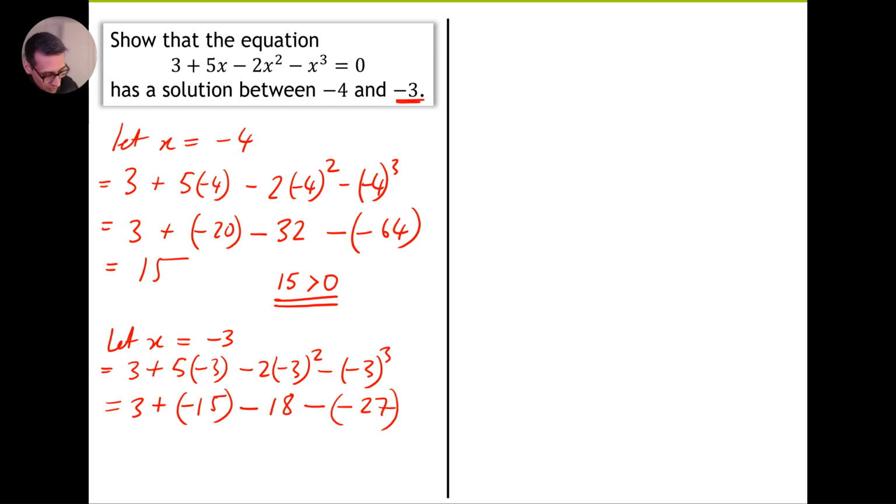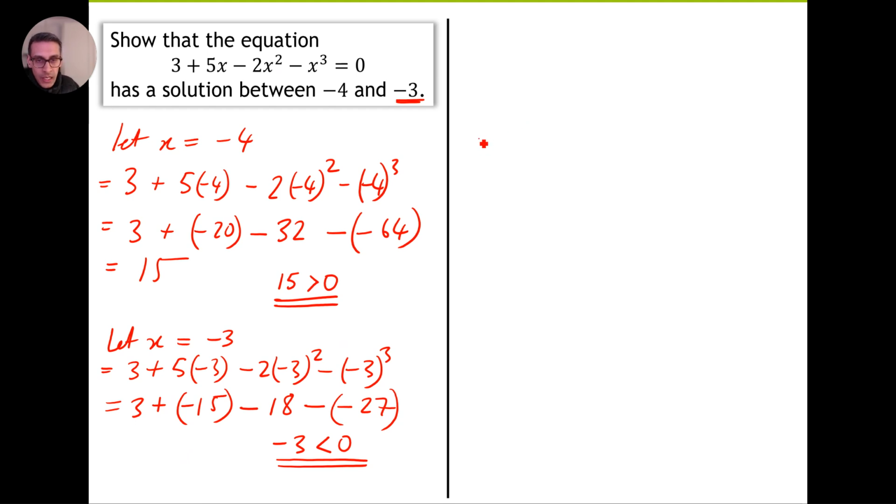So let's put that in a calculator. 3, take away 15, take away 18, plus 27. And what you get here is -3. So -3 is less than 0. Now we need to put our actual final answer here, to show that there's a solution. Now we've done the working out, but the statement is what's important.